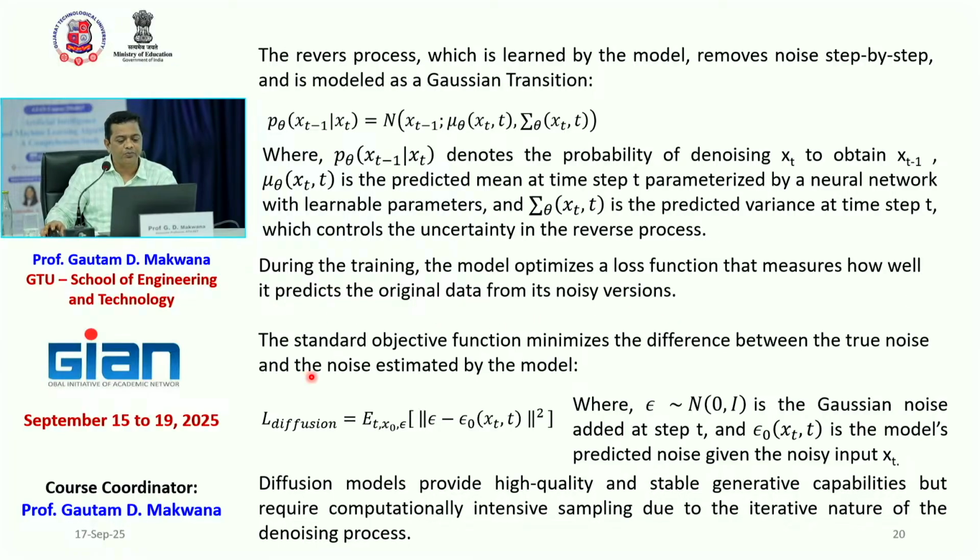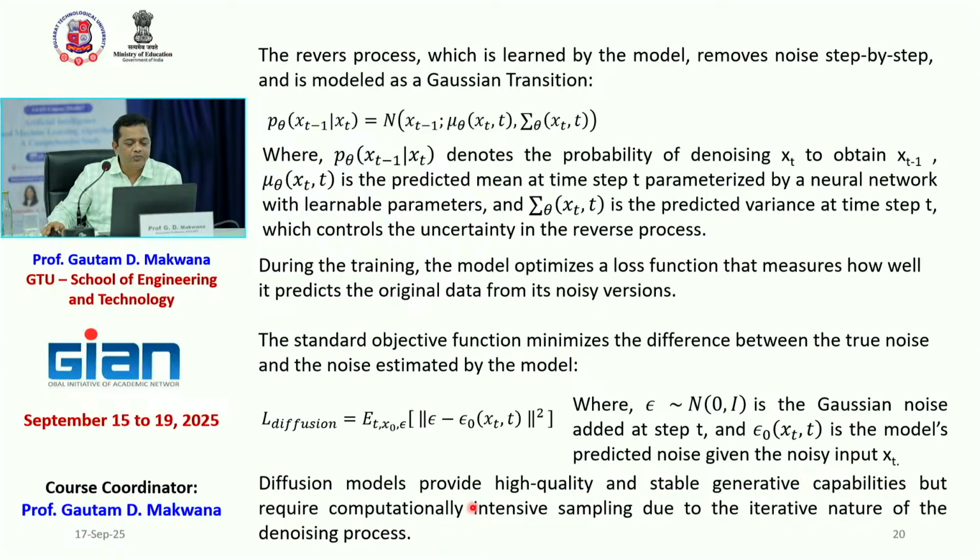The standard objective function minimizes the difference between the true noise and the noise estimated by the model. So here in the diffusion model, we are making the estimation of noise, and this estimation of the noise will help to generate the new contents.